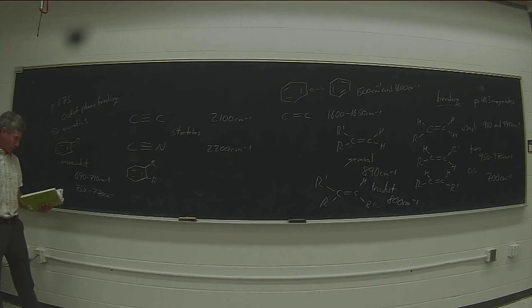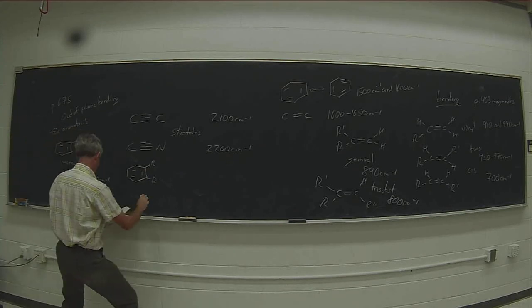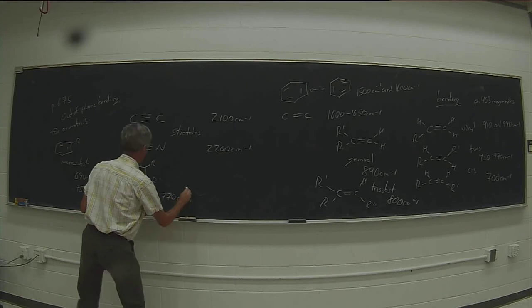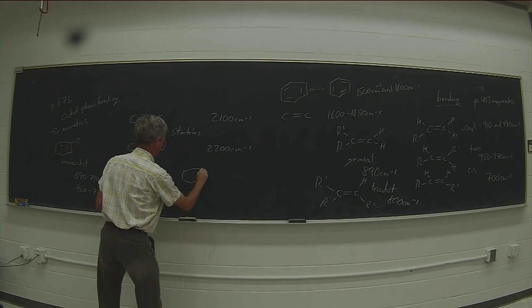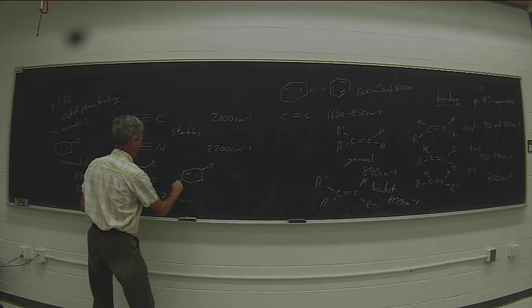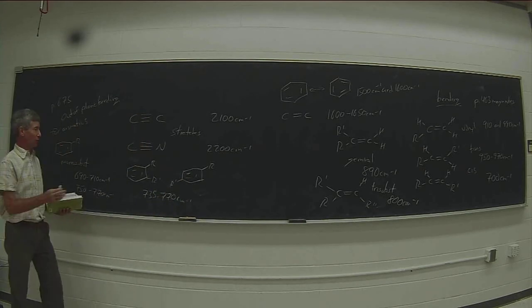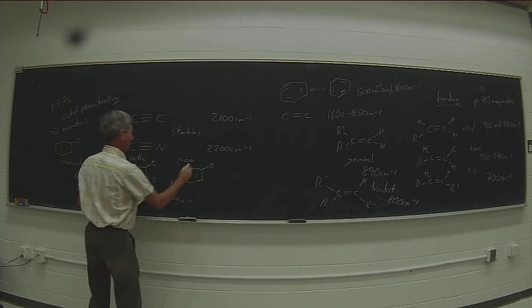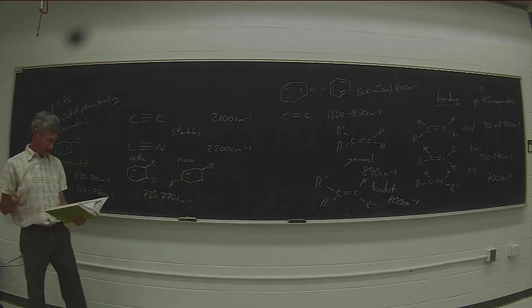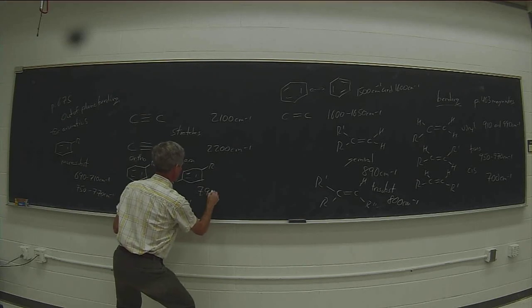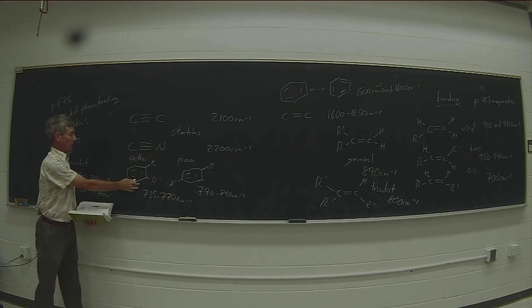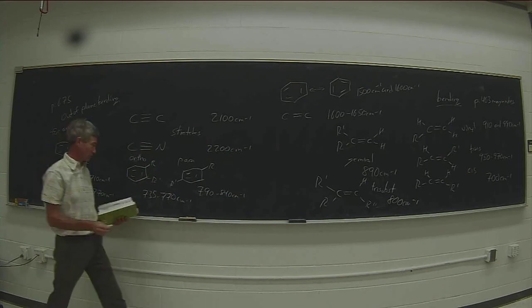What we call an ortho disubstituted pattern has a single peak between about 735 and 770. A para-substituted or 1,4 substituted system typically has a single peak, but it's between 790 and 840. So distinctly different for a 1,2 substitution versus a 1,4 substitution pattern.